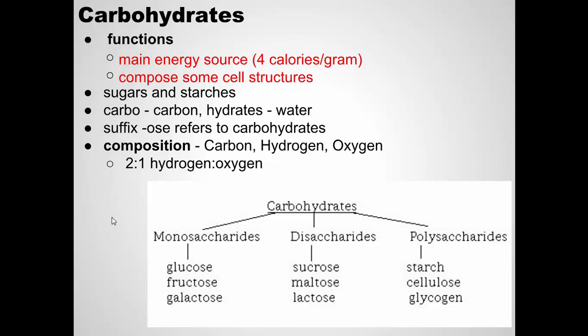Oftentimes carbohydrates have the suffix OSE at the end of the name. Not always, but often. So glucose, sucrose, maltose, fructose, cellulose, these are all carbohydrates. The OSE ending clues you into that. And they're made of just 3 things, carbon, hydrogen, and oxygen. So these are examples of some carbohydrates. We'll talk about each group one at a time.